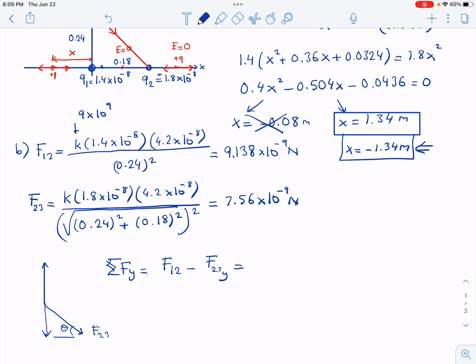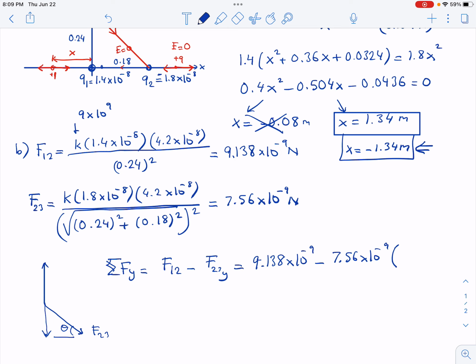All you have to do is 9.138 times 10 to the negative 9 minus 7.56 times 10 to the negative 9 times, cosine of theta, I'm sorry, sine of theta.